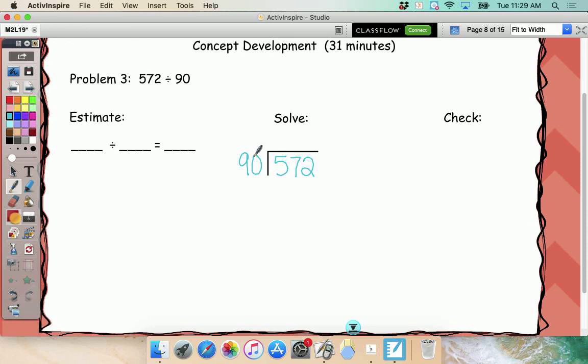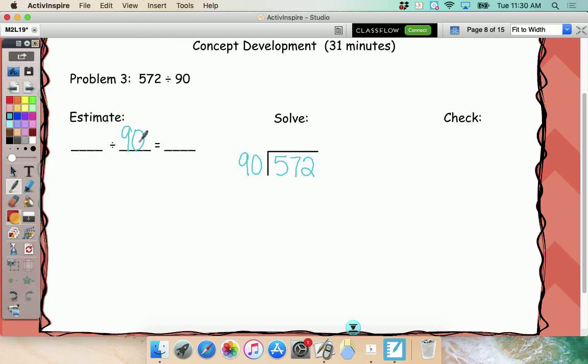Yondell, what's my next step? Round. Round what? No. What do I round, boys and girls? The divisor. 90.